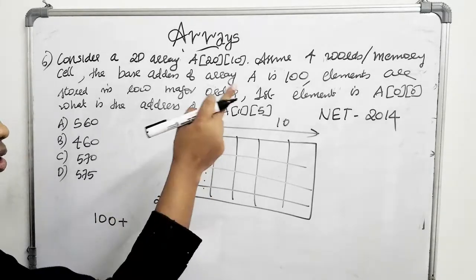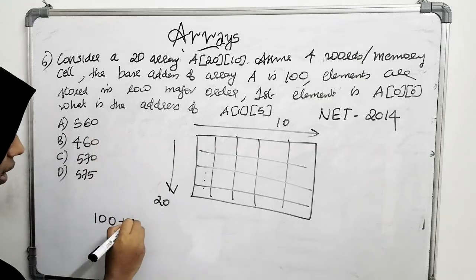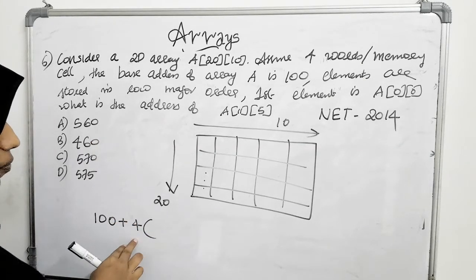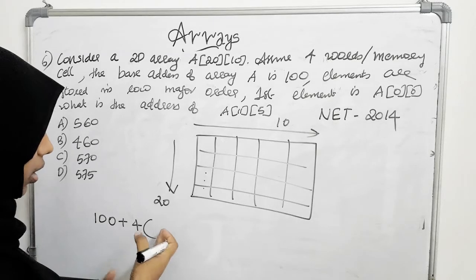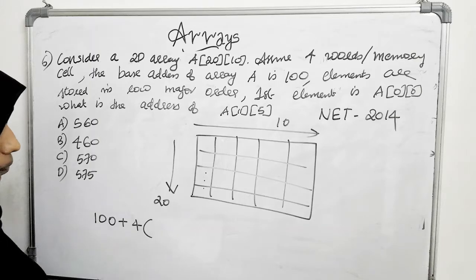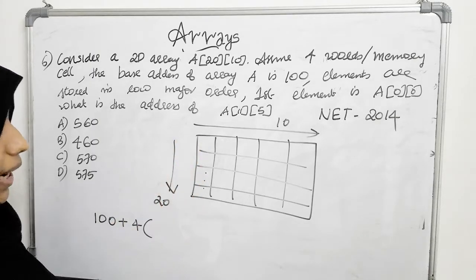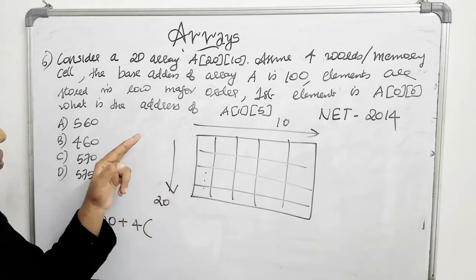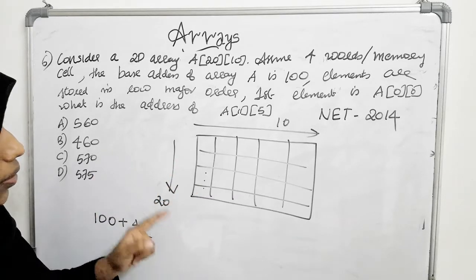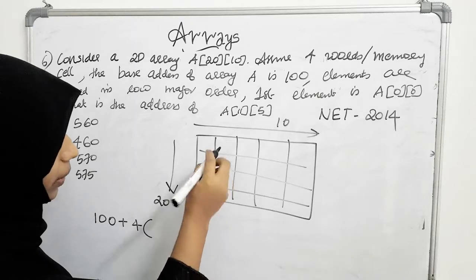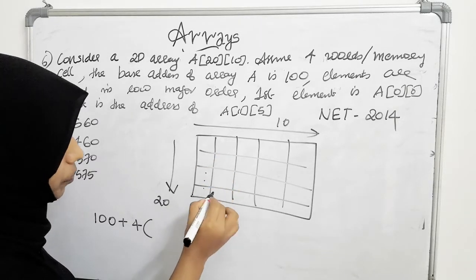Now there are 4 words per memory cell. In the previous question we were given W, so here it is 4. Each cell is 4 words long. Now you have to get the address of the element in the 11th row, 5th column.